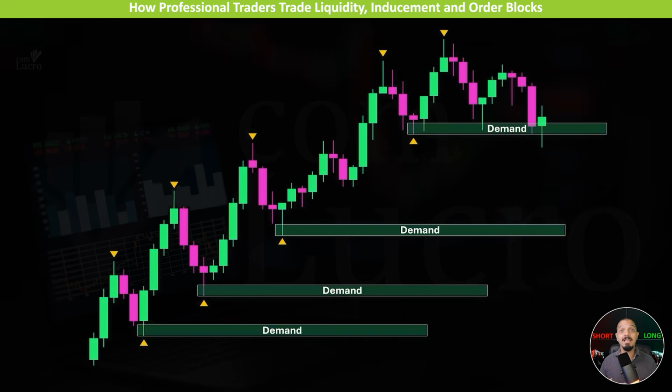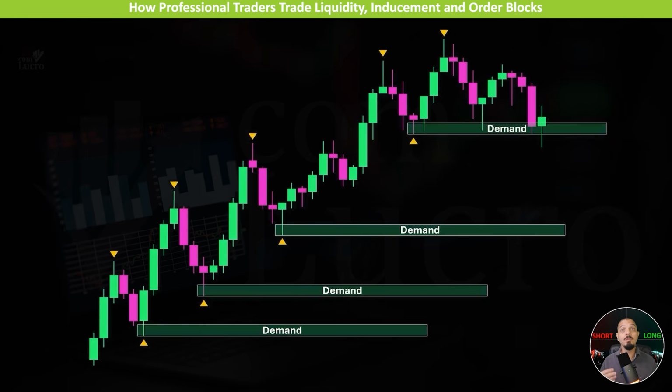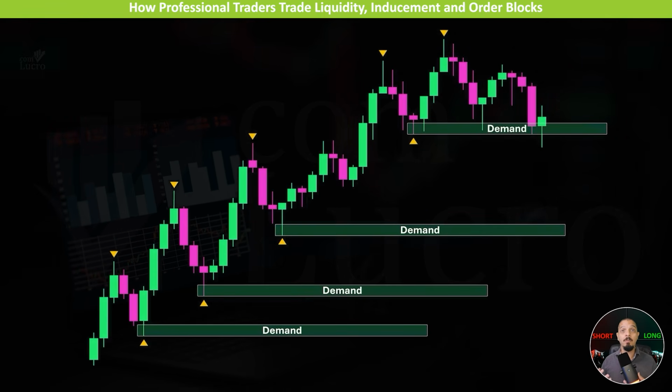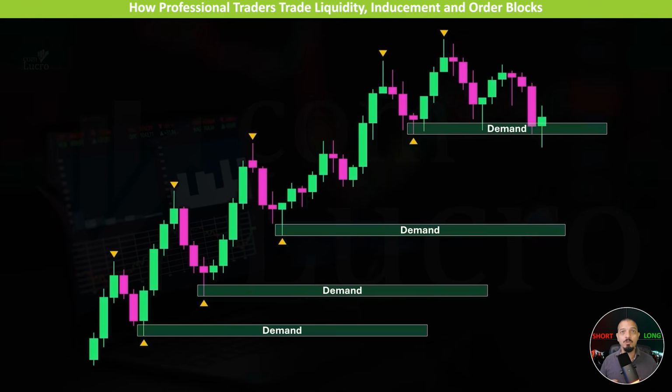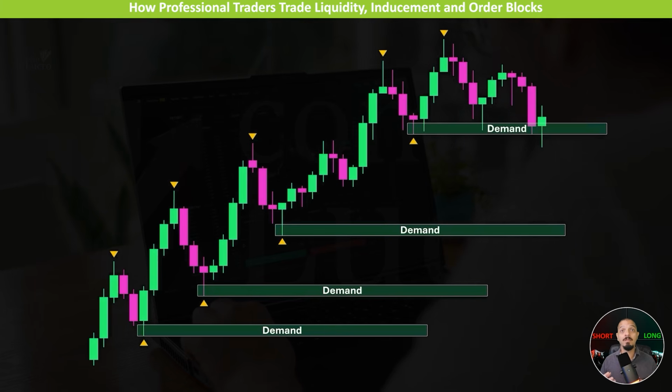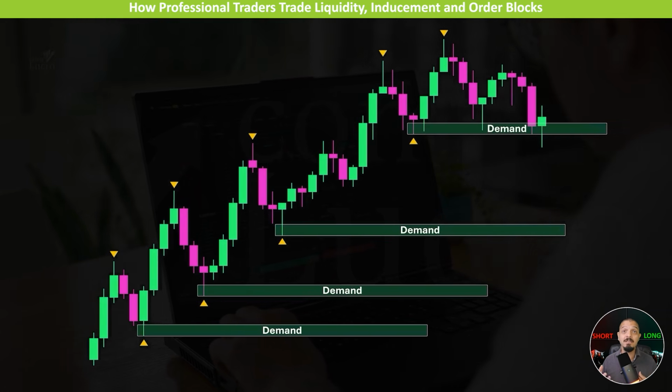This happens because in that area, traders have previously entered long positions with a clear intention. When price returns to the same demand zone, there is a higher probability that those traders, or new ones recognizing the opportunity, will start buying again. Simply put, demand zones highlight areas where we expect buyers to step back into the market.